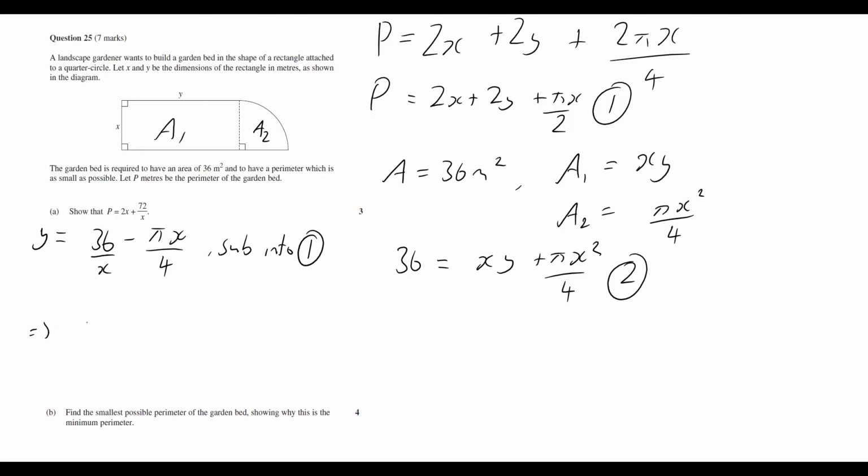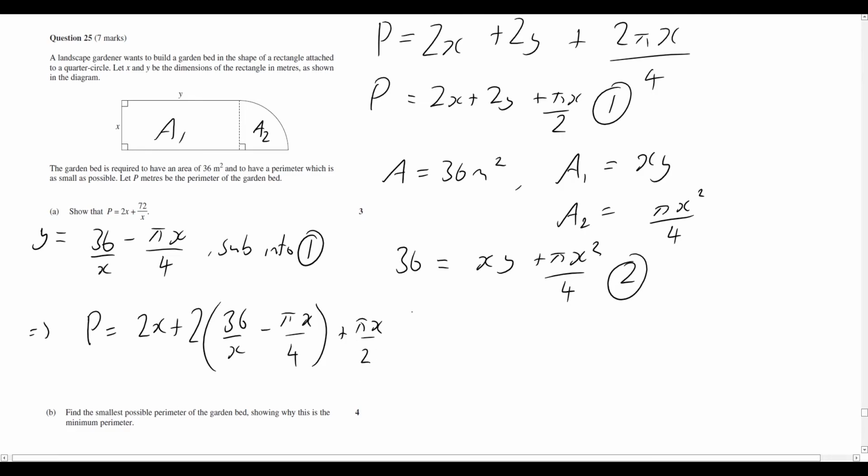Okay, so now we'll sub that into equation 1. And what we have now is that the perimeter P is equal to, what do we have? We've got 2x plus 2y. So now instead of writing y, I'll replace it with this section here: 36 on x minus pi x on 4, and then plus pi x on 2 at the end there as well.